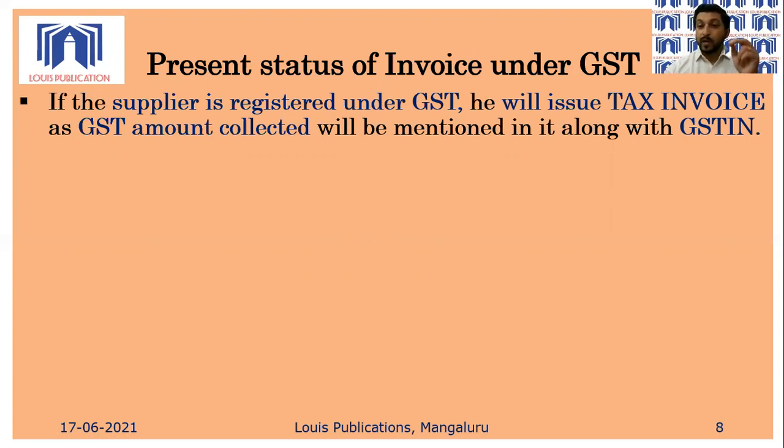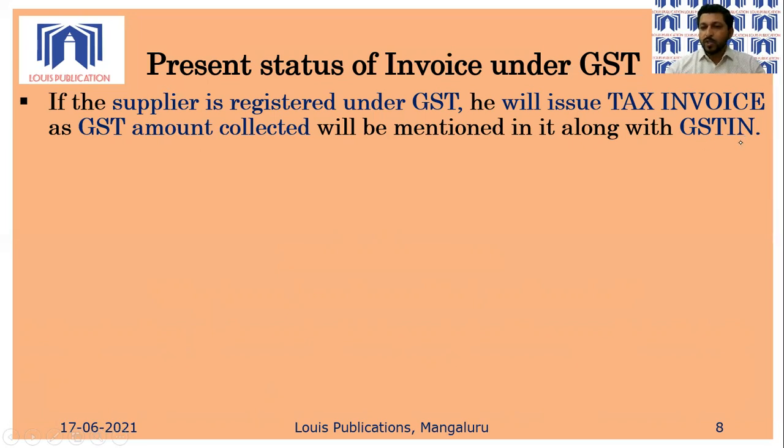GST collected from you. And also in that particular invoice, you will find a 15-digit alphanumeric number called GSTIN, the goods and service tax identification number. Like how every person who files income tax returns has what is called a PAN, permanent account number, any business which is registered under GST will have their GST identification number.